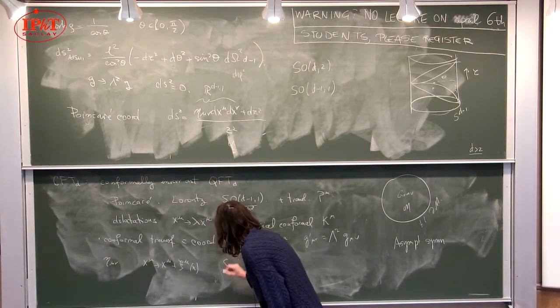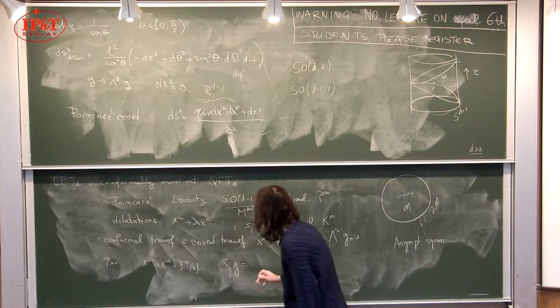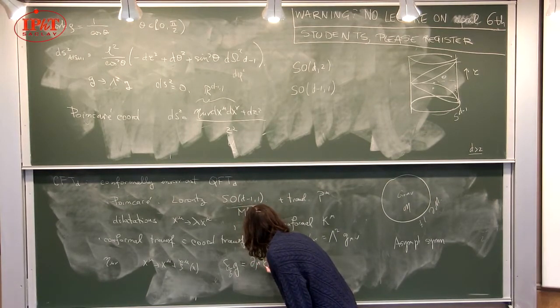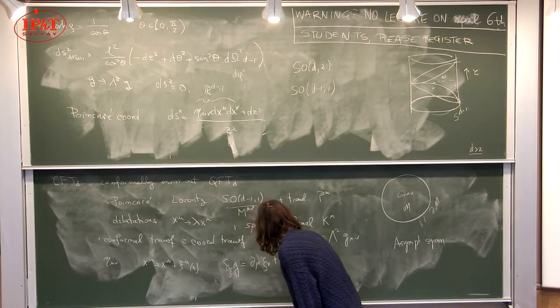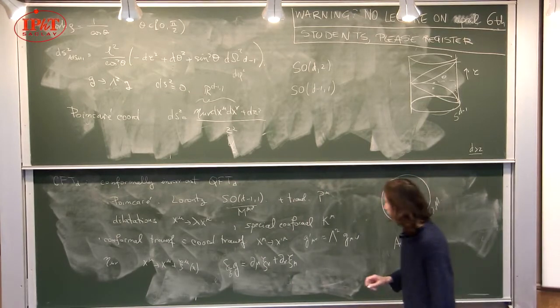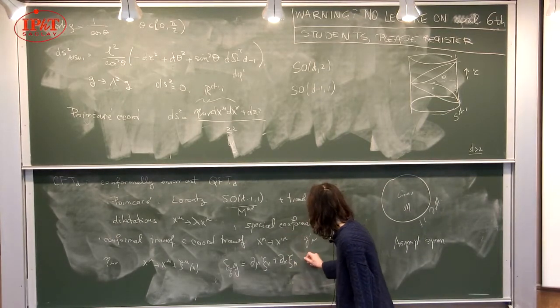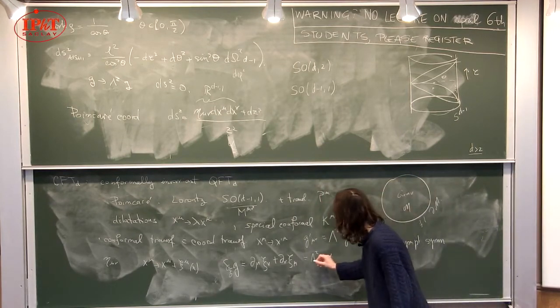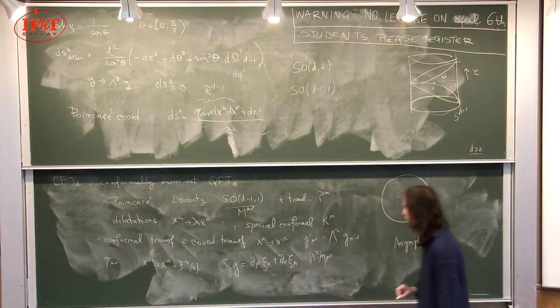Then the change in the metric is equal to just the derivative, which for a flat metric is just this, up to a minus sign. I'm not going to care. So we want this to be lambda squared times eta mu nu, something like that.